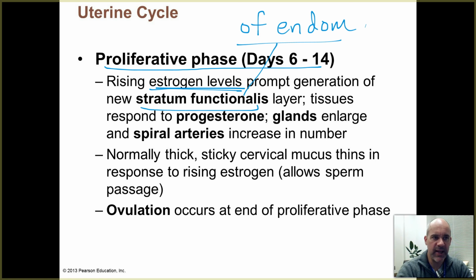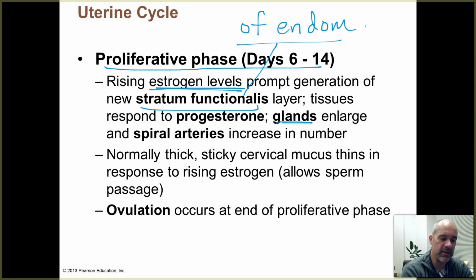After day 14, your progesterone levels are going to start increasing. So what's going to happen here is the tissues of the stratum functionalis become responsive to progesterone. They start making progesterone receptors and get ready to respond to the progesterone that the corpus luteum is going to make.